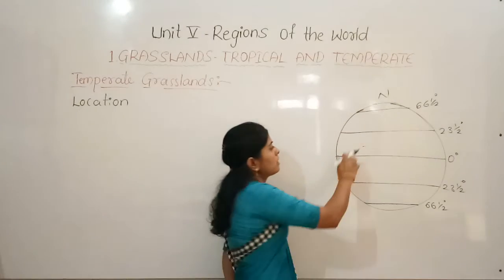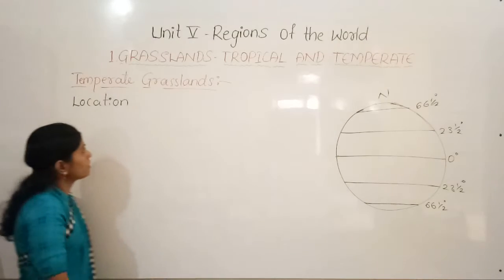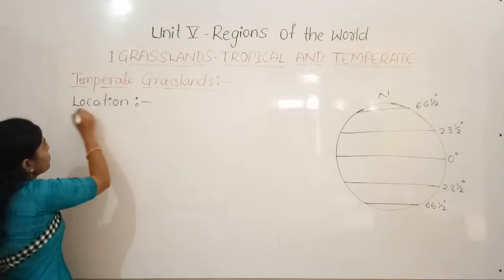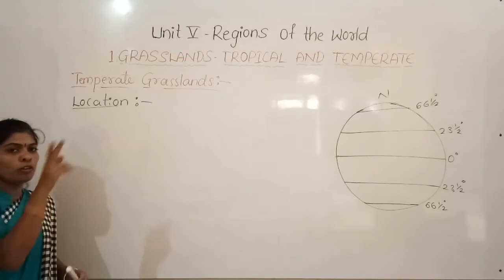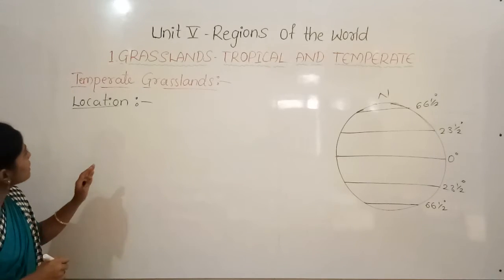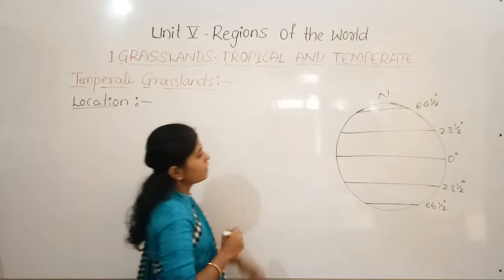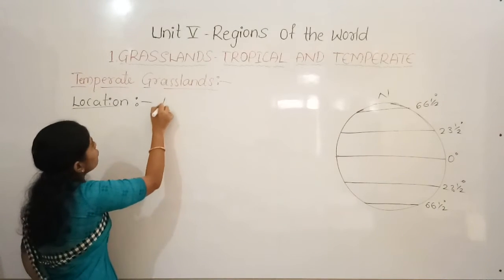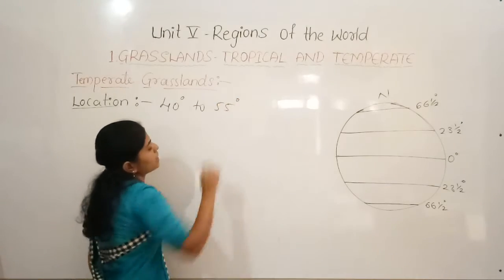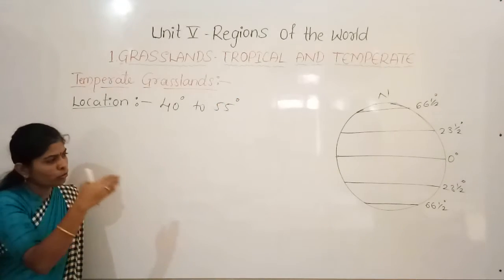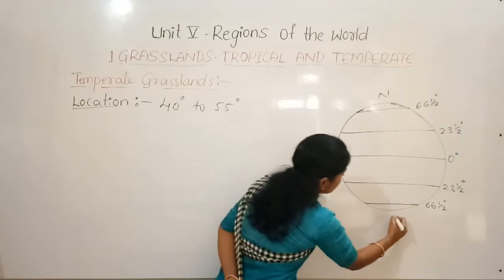Here, when we see the location of these temperate grasslands, in both the latitudes, means in both the hemispheres, these temperate grasslands are located from 40 degree to 55 degree. Yes, in both the north and south.